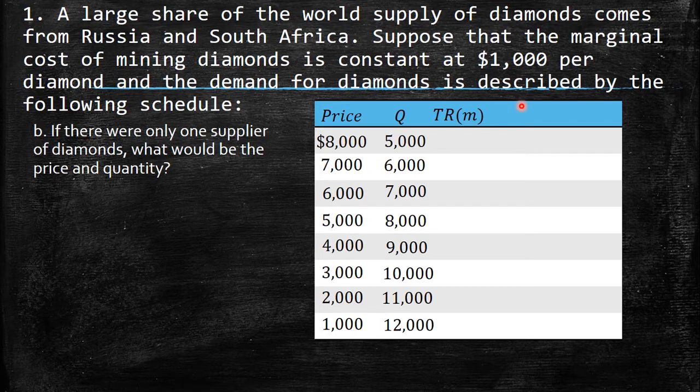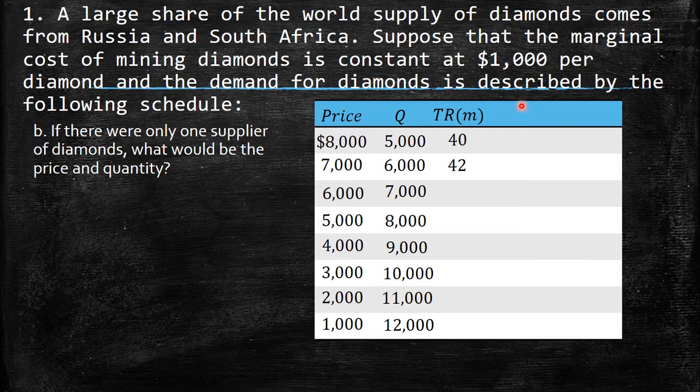We can add total revenue, measured in millions to avoid typing all those zeros. So it should be 40 million dollars, the total revenue for the company if they offer 5,000 diamonds.